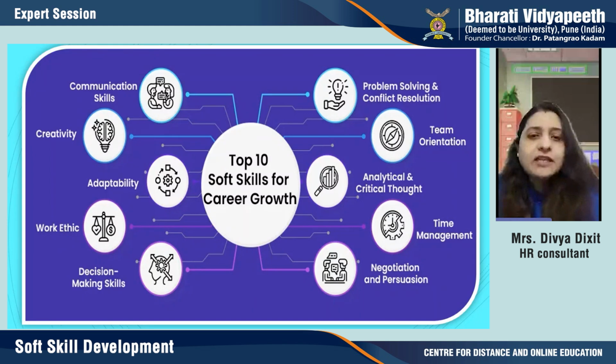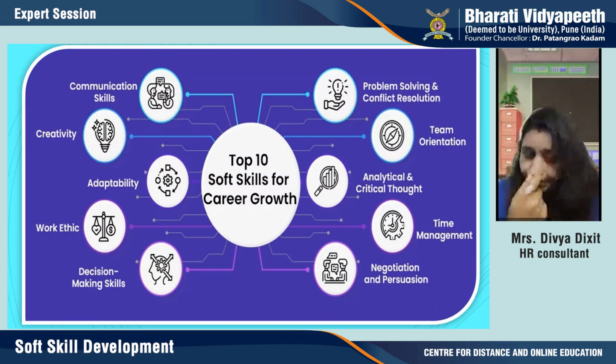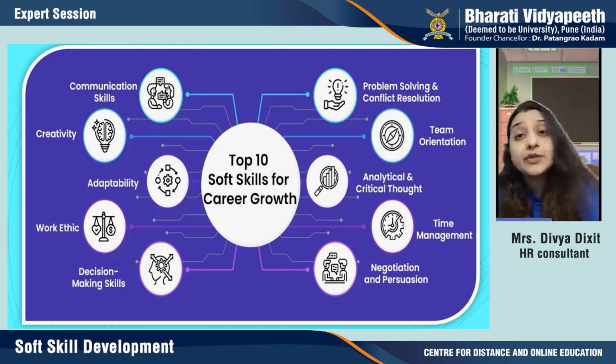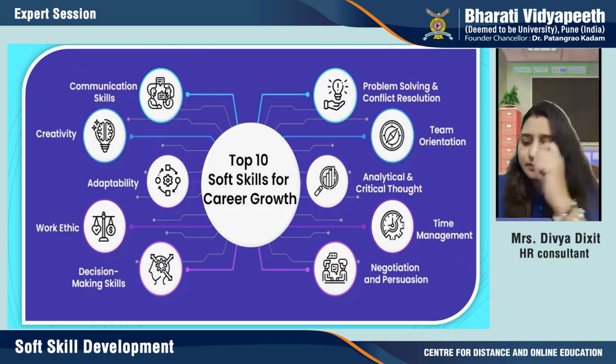We will learn about all these skills one by one, along with examples, in what perspective, in what situation does this skill help us, help us in doing our work exactly as expected by my employer. Okay?